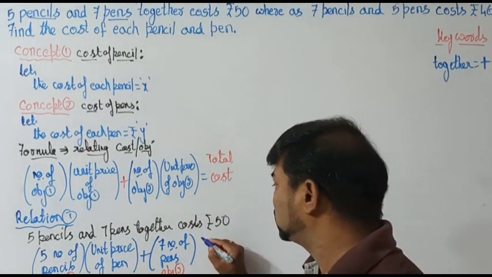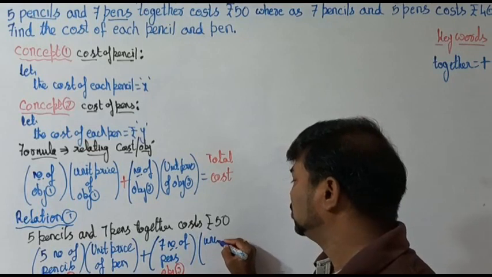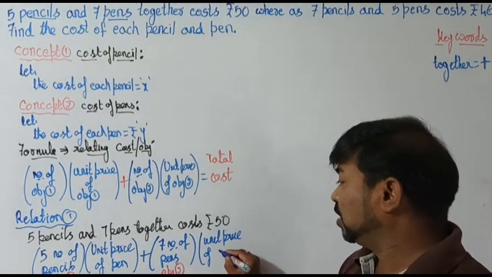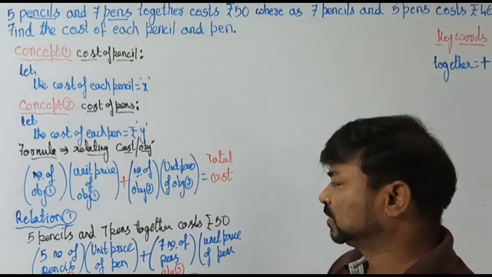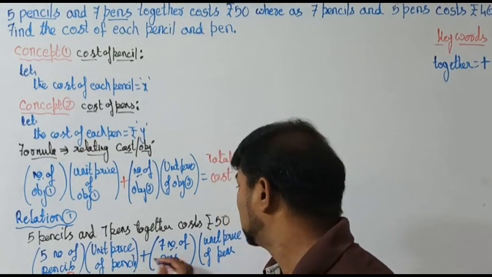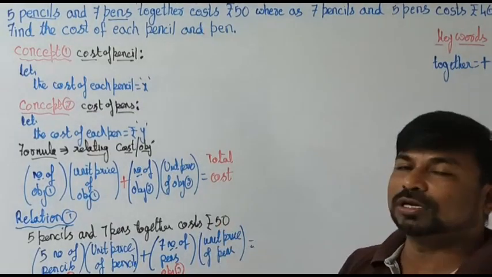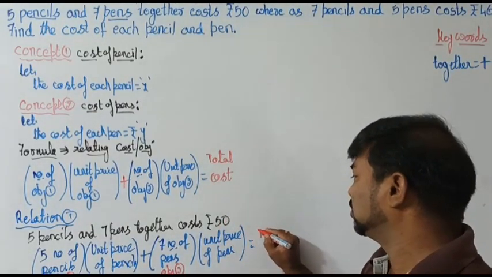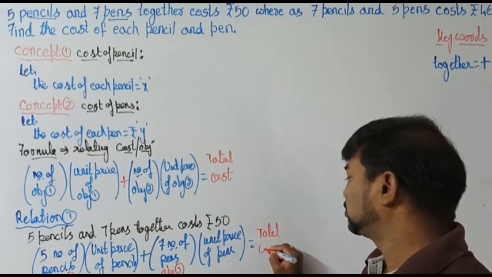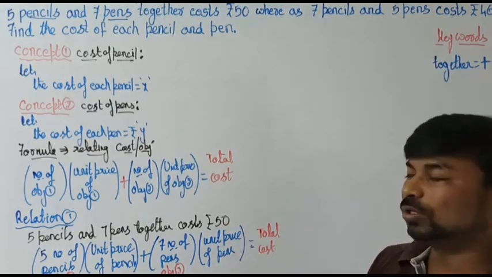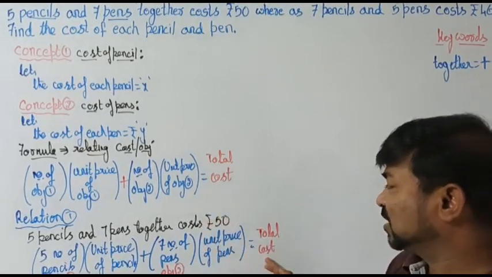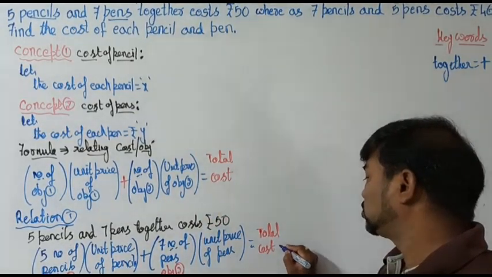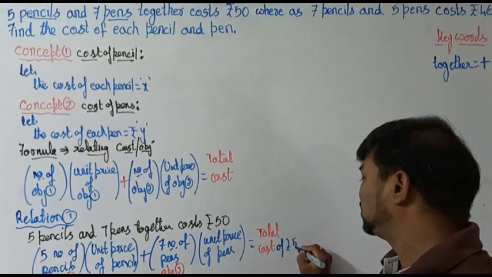Times the unit price of pens. Equals, what's the total cost he's saying? He has given the total cost, rupees 50. You can straight away get total cost of rupees 50.